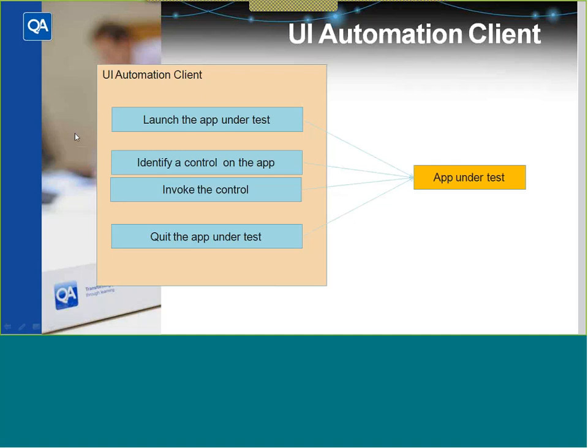What you can do is construct an automation client that can wind up an instance of your application under test and then fire certain things through its user interface, look at the resultant values and confirm that what you get is what you expect. In other words, a complete end-to-end test, which is brilliant. It's not unit test, but it's a complete end-to-end test.